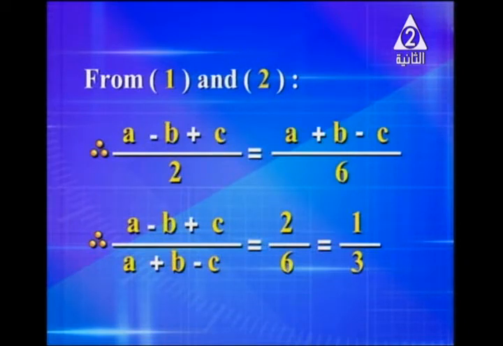Remember, the antecedent of the first ratio over the antecedent of the second ratio equals the consequent of the first ratio over the consequent of the second ratio.